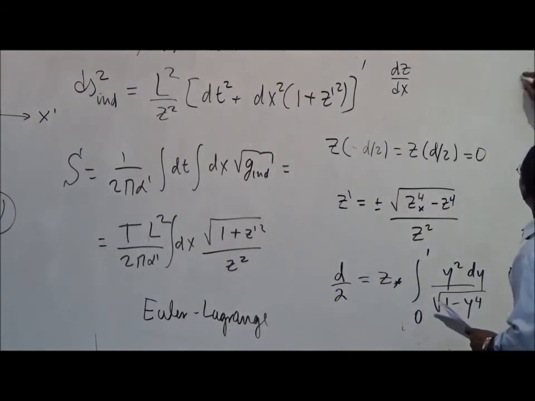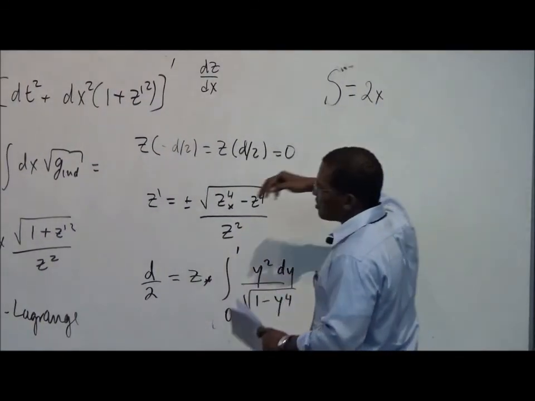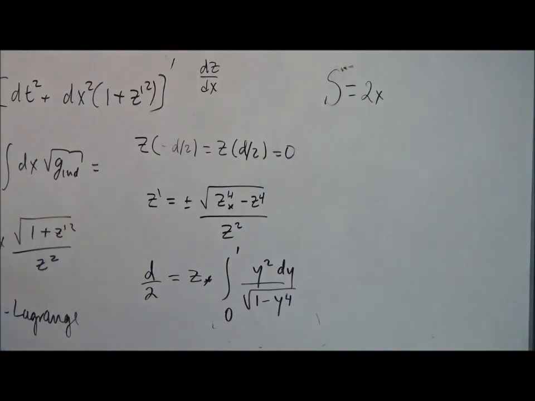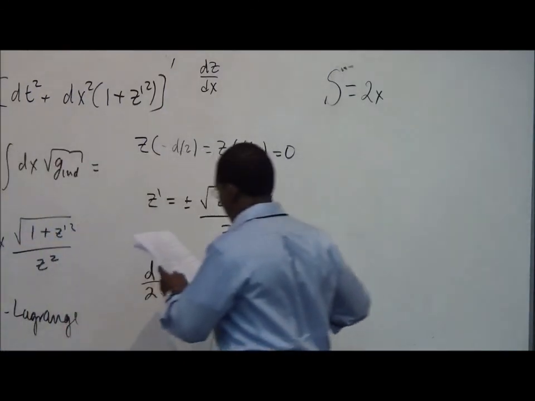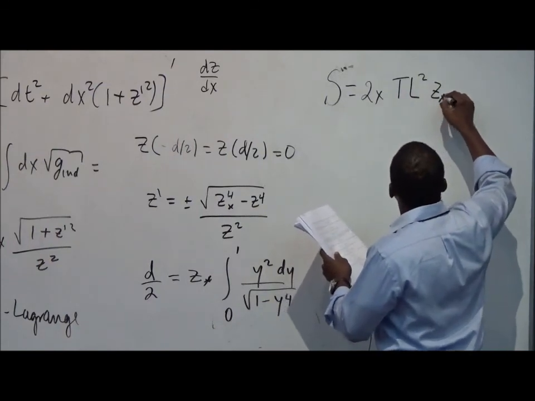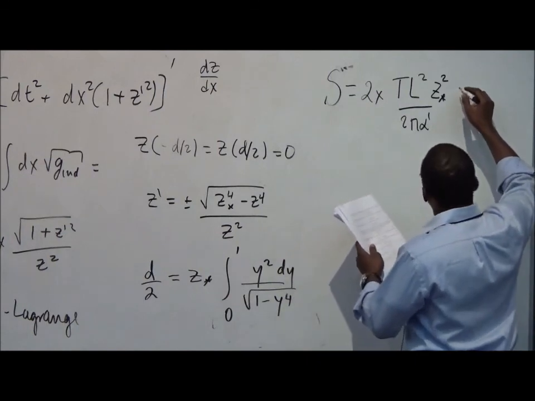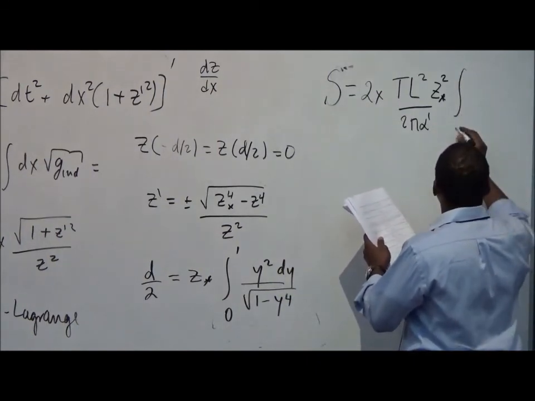So the evaluation of the action is going to be, again, simple. Twice, because again, I'm going to evaluate this half, but then this is symmetric, so twice. Then I have T L squared, c star squared, divided by 2 pi alpha prime, integral from epsilon.